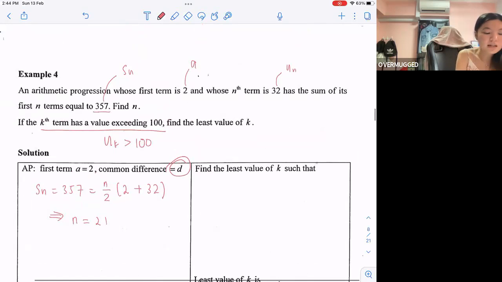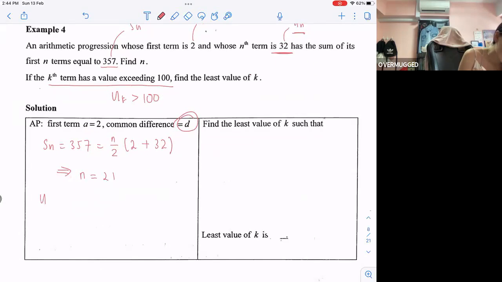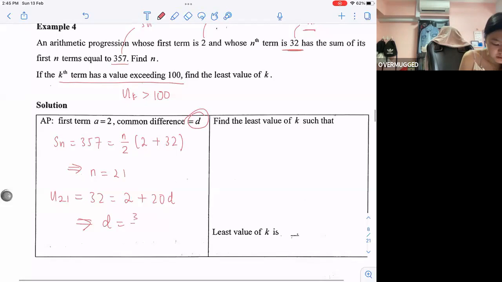So I'm going to use the other clue in the question that Un is 32. I know that n is now 21, so U21 is 32, which is my A, so my 2, plus n minus 1, so 20, D. From here, I will find out that my D is actually 3 over 2.